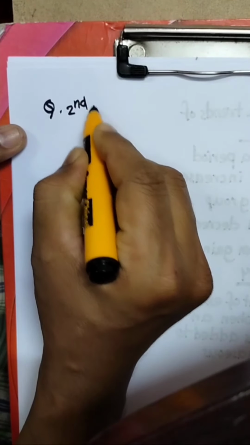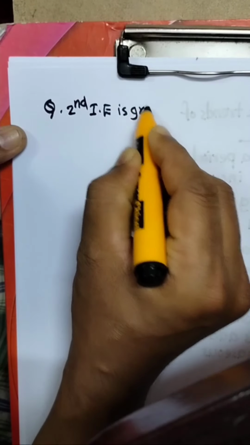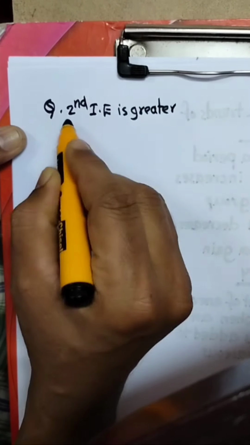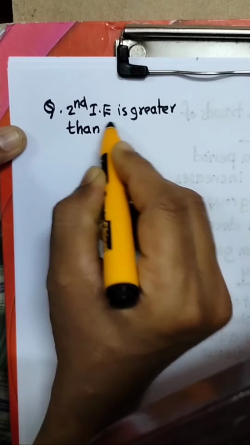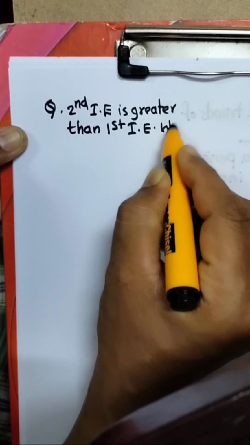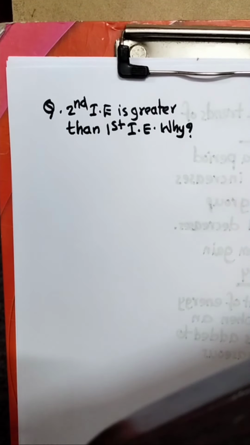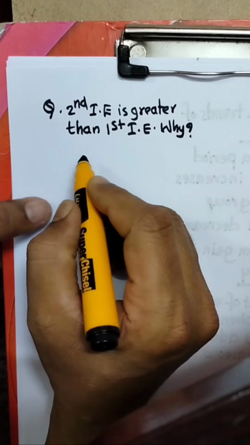Next question. Second ionization enthalpy is greater than first ionization enthalpy. Why?